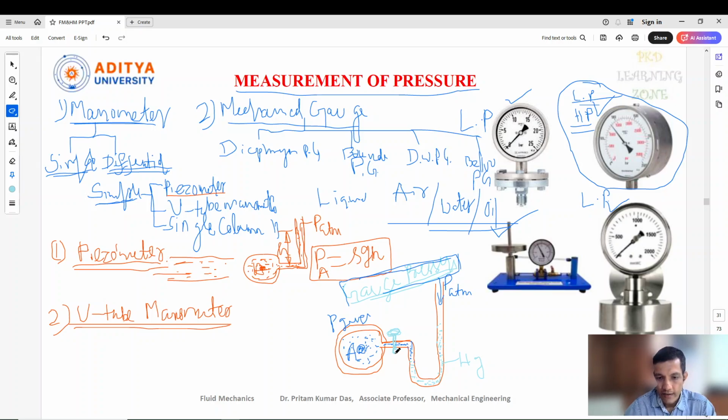Let's give a reference line here, the XX line, which is called a datum line. From this datum line we can estimate the pressure at this point.